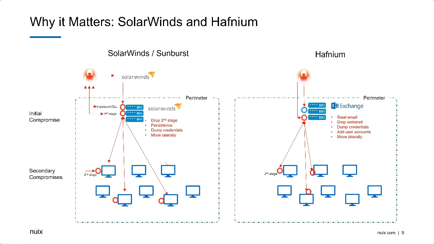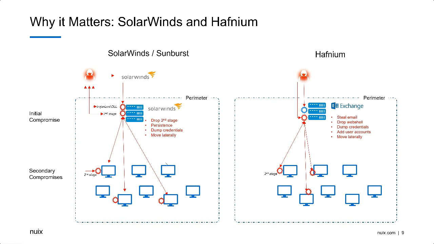And then once they had the web shell, they could begin to interact with the box and start the second stage, secondary compromise activity, which again comes back to some of the same hands-on keyboard kinds of indicators that we see with SolarWinds.